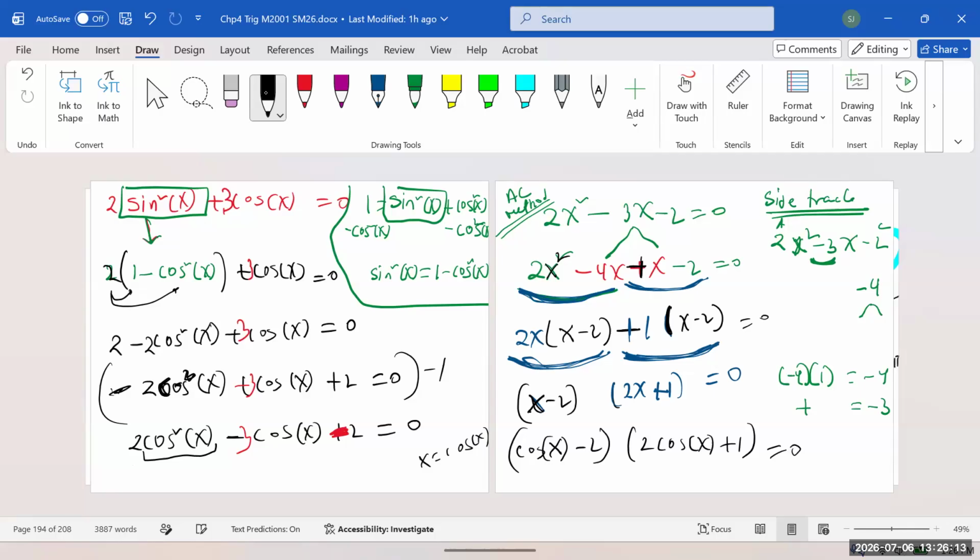What does it mean? X is a cosine. You have to use the AC method here. So if you don't want to use AC method, you can find out what other methods you can use. Do you have any other methods?